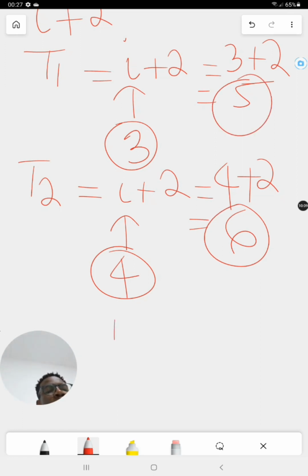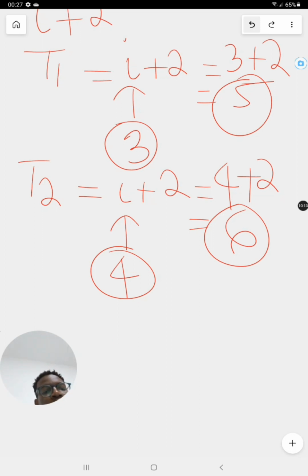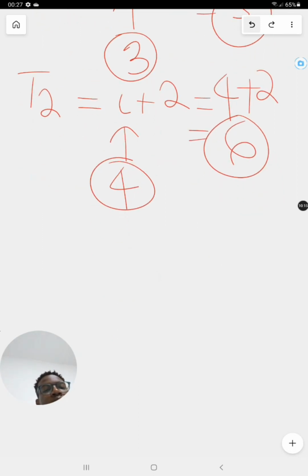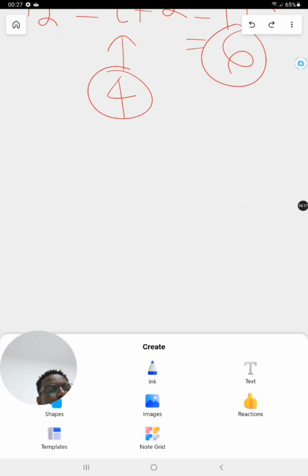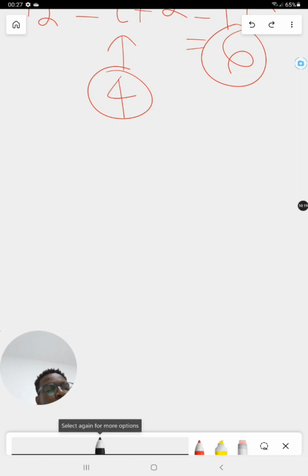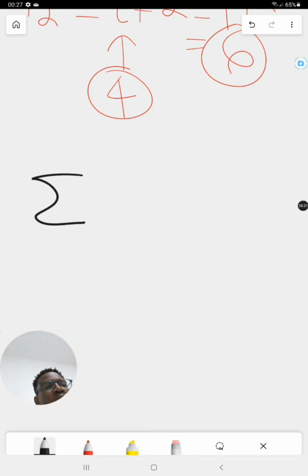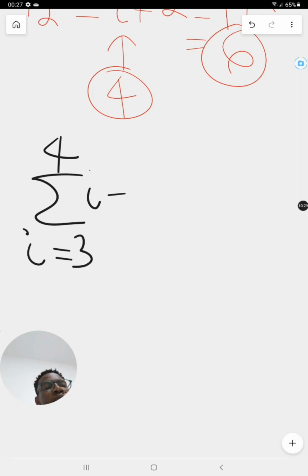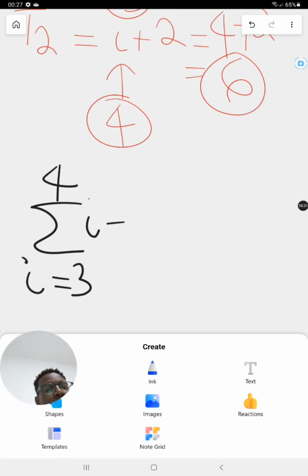So in other words, if I'm going to express this the way I expressed it initially, this is sigma, and then this is 4 on top, i is equal to 3, and I've got i plus 2 there.